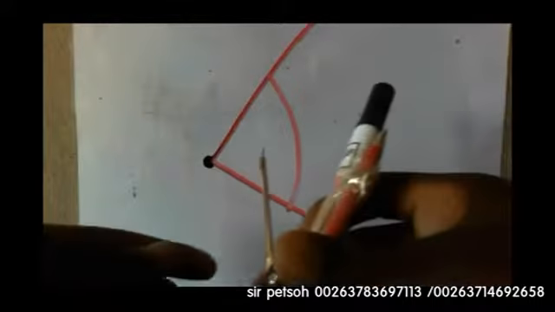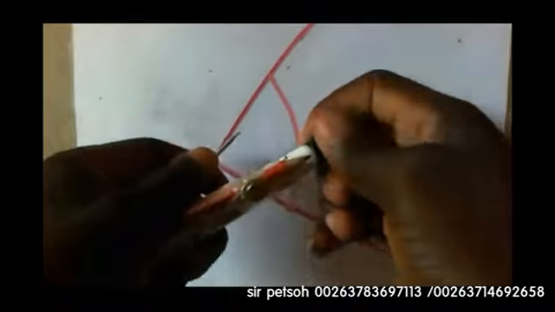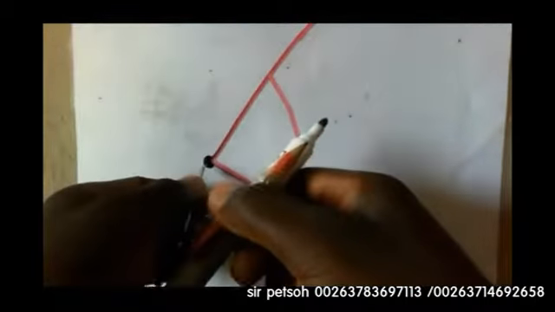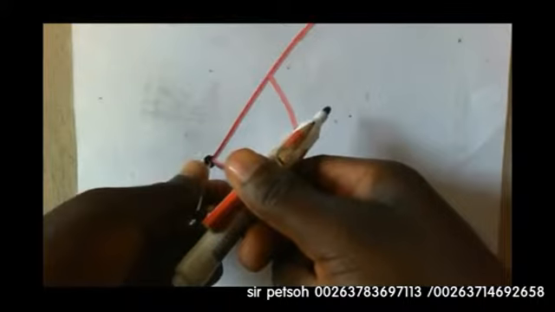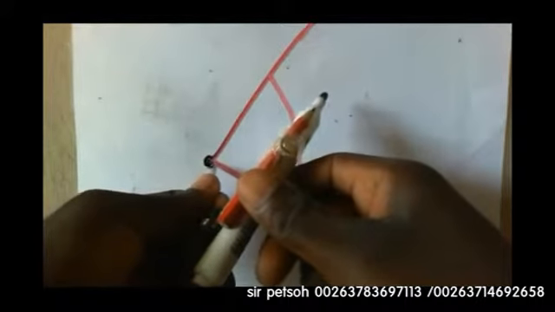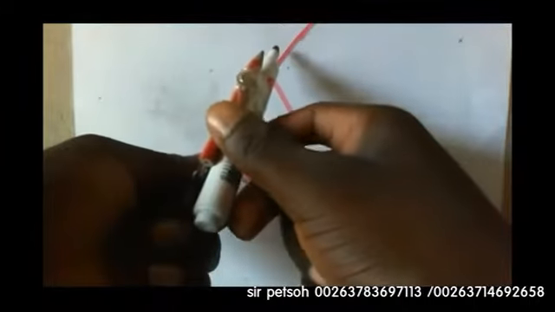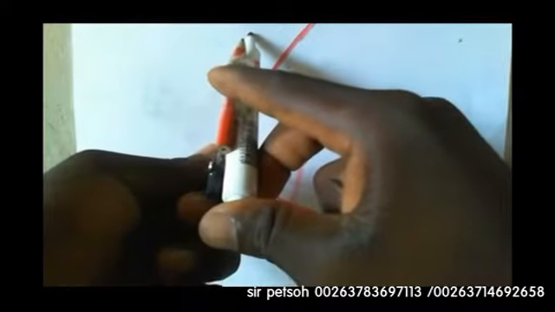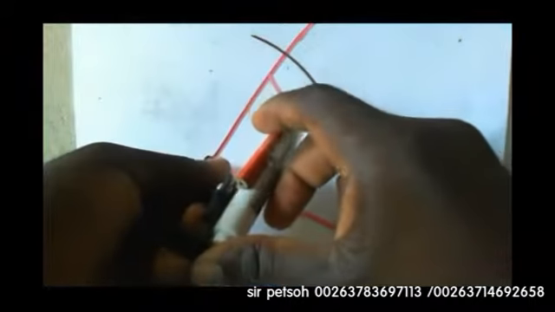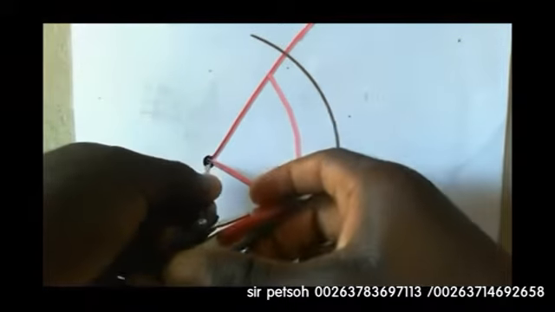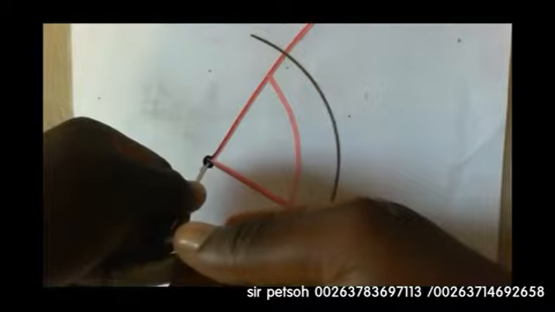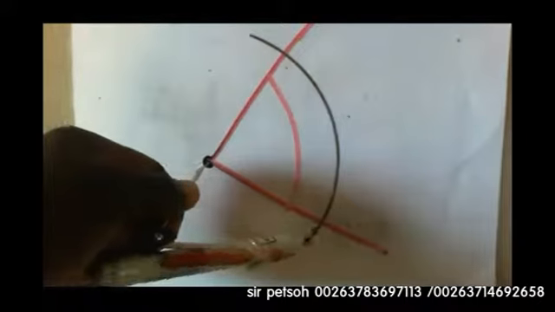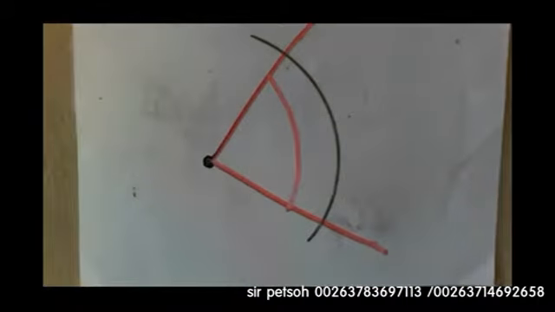So you come to the point which is the origin of this angle. You draw an arc which cuts the two lines forming this angle. This is the arc we want to come up with.